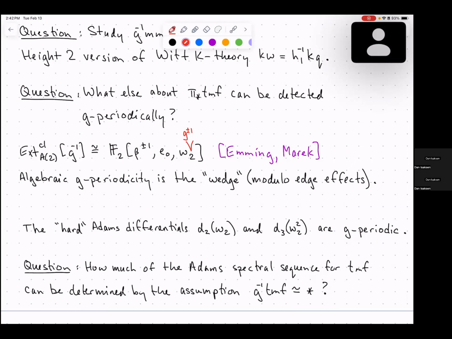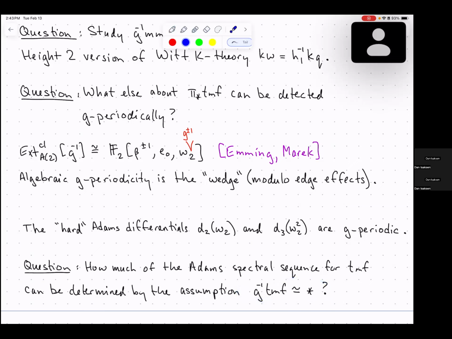If you're going to study G periodicity, you're probably going to want to assume certain things about G to begin with, such as that it's in the sphere. So G is nilpotent in the sphere, therefore G is nilpotent in TMF. So this is pretty close to a formal consequence of the sheeted nilpotence, and then you see what differentials follow.